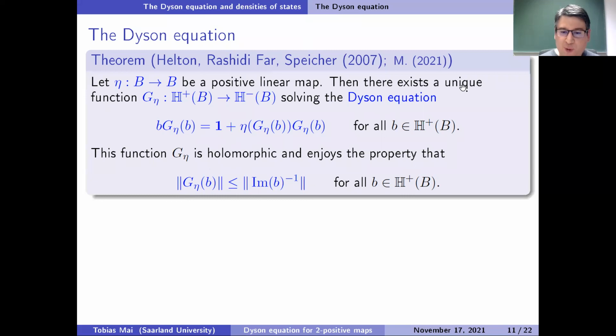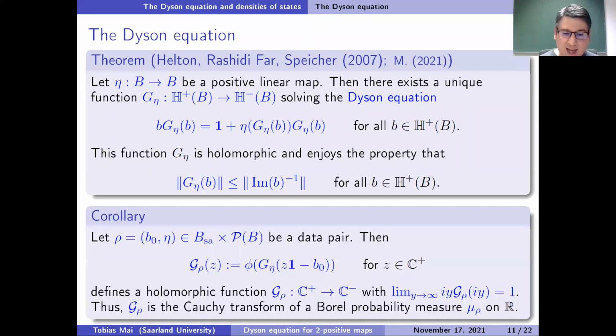So I also put my name here because that the function is holomorphic, which is important for our construction, was not made explicit in the paper of Helton, Rashidi Far, and Speicher. You need a small argument to get holomorphy out of it. So this is a small contribution that I made here.